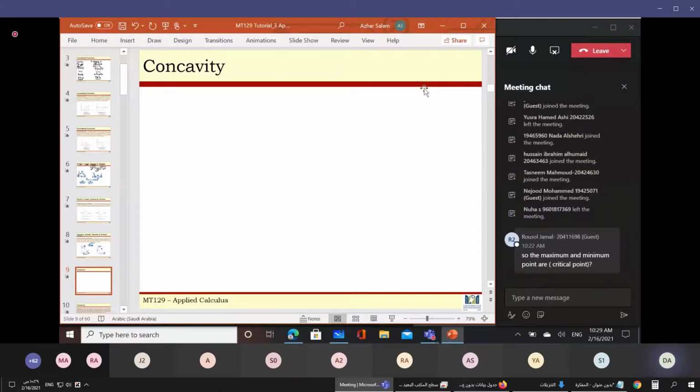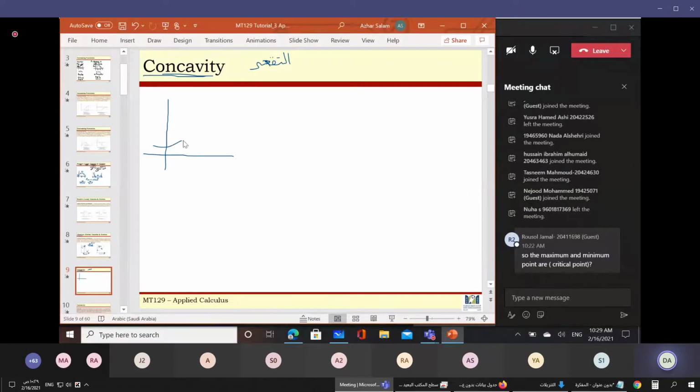Okay, now for concavity, this is a new definition. What's the meaning of concavity? بالعربي اسمه التقعر. التقعر أو اتجاه التقوس. تقعر الدالة. The concavity of a function, if I have here a function sketched like that, notice here the sketch of a function.